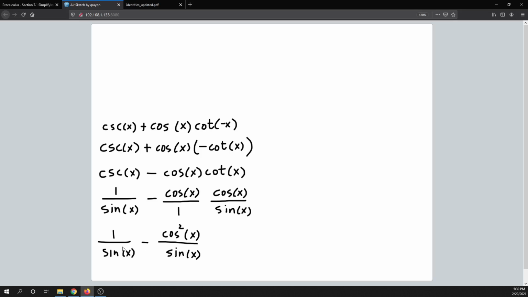All right, now what I have here are two fractions that are being subtracted from each other, okay? And they both have a common denominator. See how they have a common denominator of sine x, and that's great because to add or subtract two fractions that have a common denominator, I just add or subtract the tops, in this case subtract, right? So that's going to be 1 minus cosine squared.